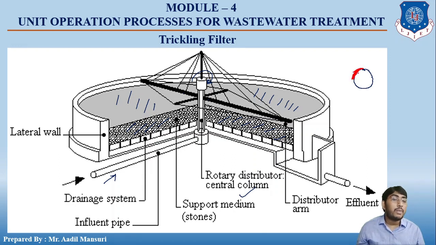They will multiply and grow in numbers, and when the layer becomes very thick, it will flow along with the flow of water coming from the top. So this removal of the layer is known as sloughing of the slime layer.